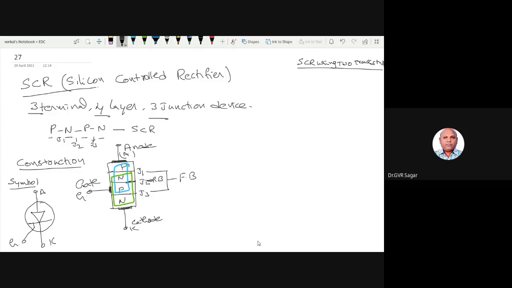SCR using two transistors. How these two transistors are connected here?